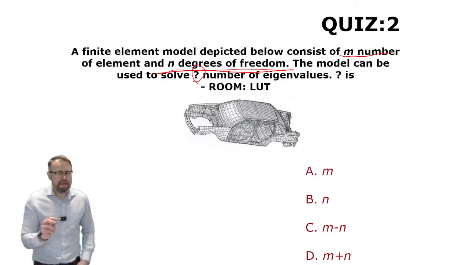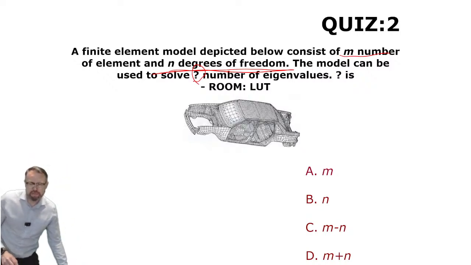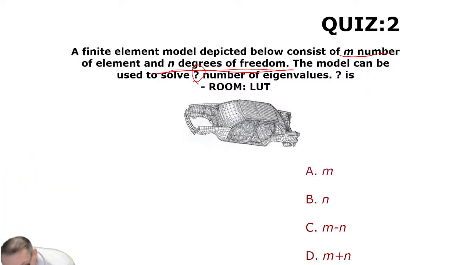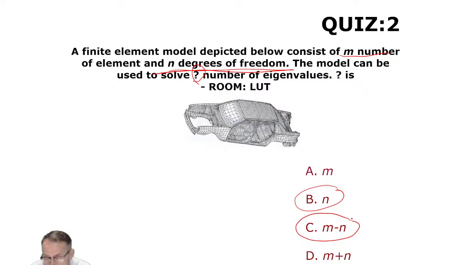Is it going to be equal to the number of elements? Is it going to be equal to the number of nodal degrees of freedom? Is it going to be elements minus the nodal degrees of freedom? Is it going to be elements plus nodal degrees of freedom? One only is correct. Which one is correct?